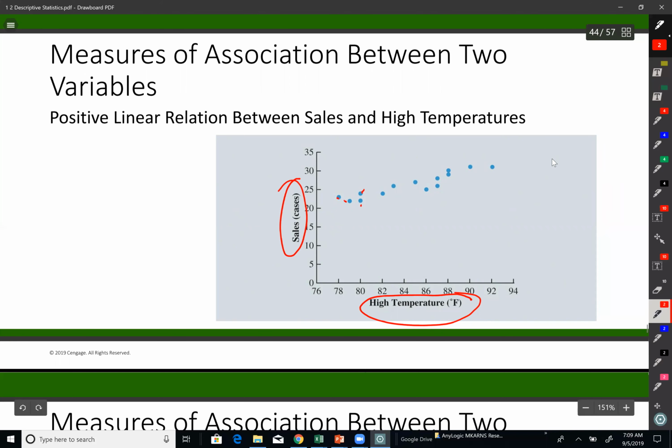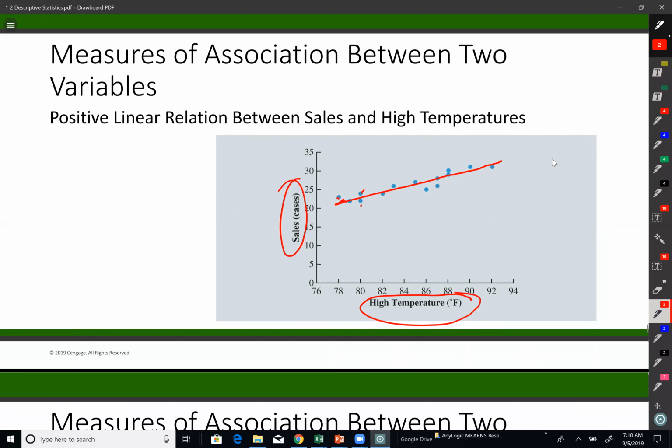If I try to find the best fitting line to these dots, as you see, they look very close to the linear line that I was just drawing. So I may be able to say, hey, there is a good relationship between these two.